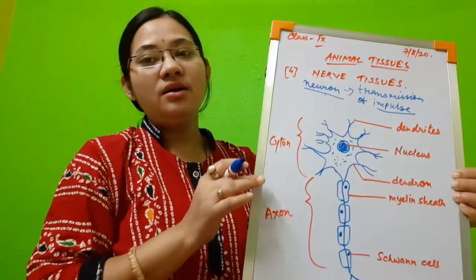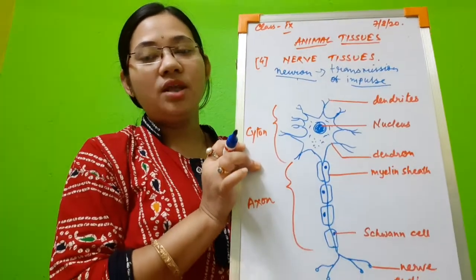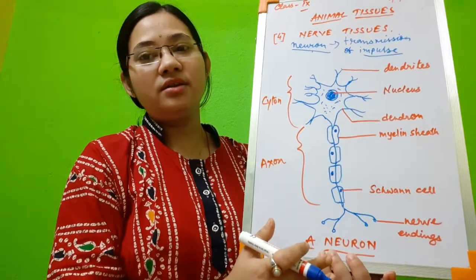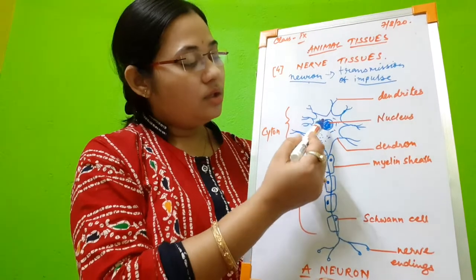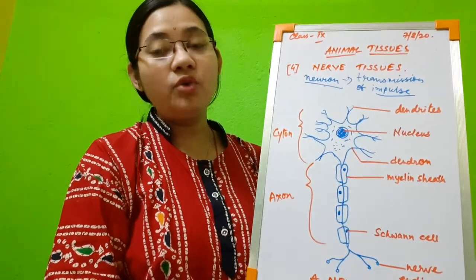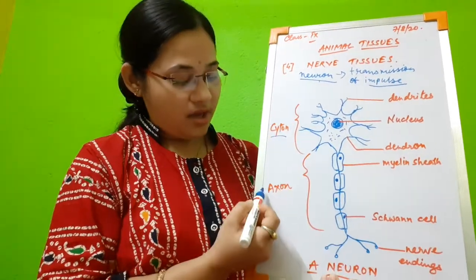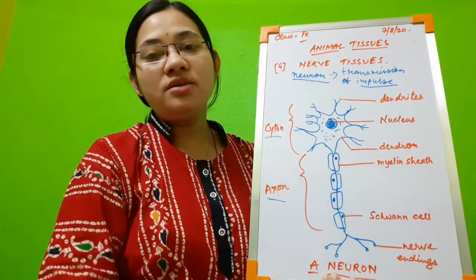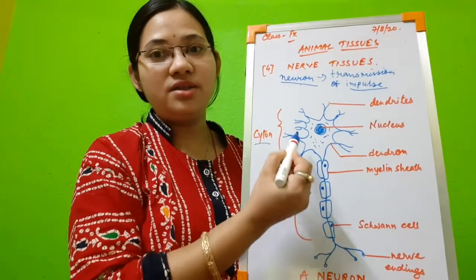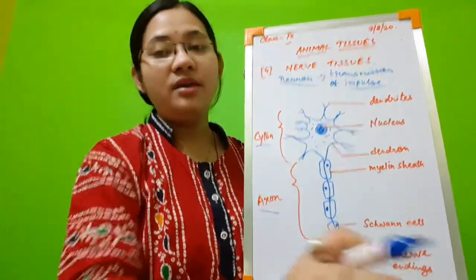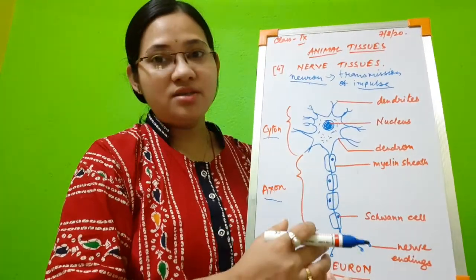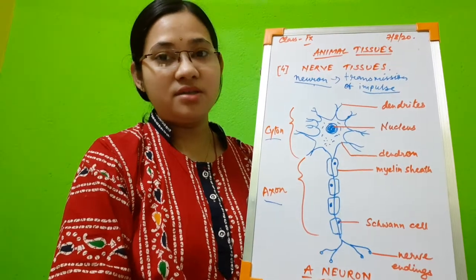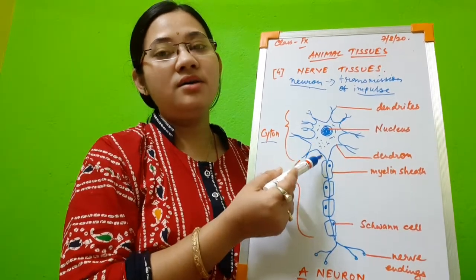Now this is the diagram of a neuron. Okay, this is a diagram of a neuron. Now in this diagram you see the neuron basically is made up of two parts, that is the cyton and the axon. Cyton is also called the cell body. So this is actually the cell body, and axon is the process. It is a process or an appendage type of structure that arises from the cyton.